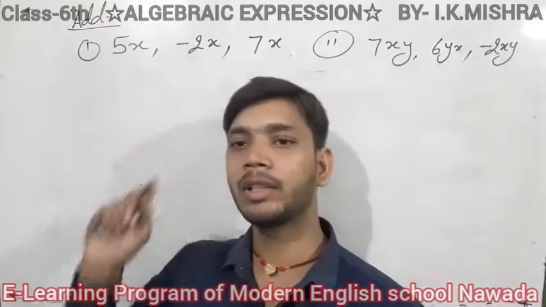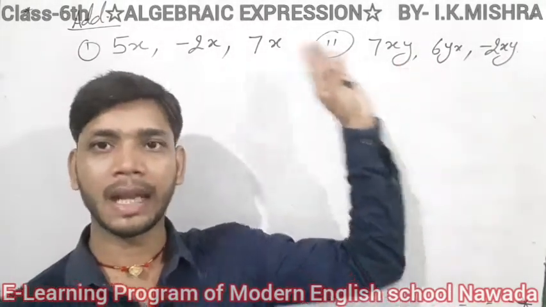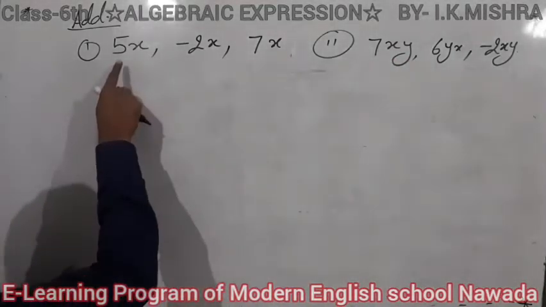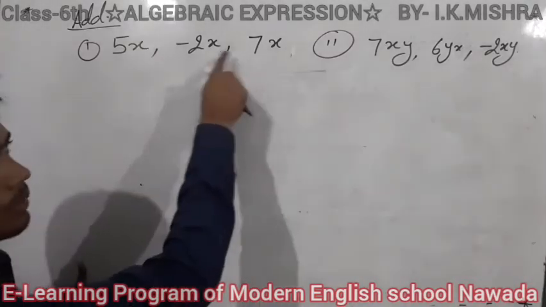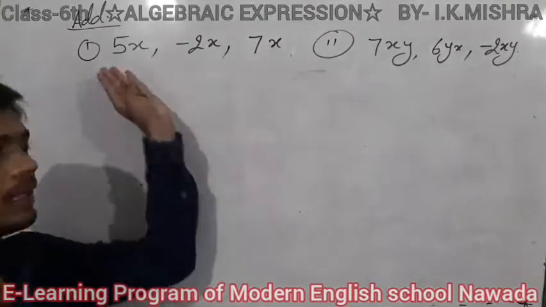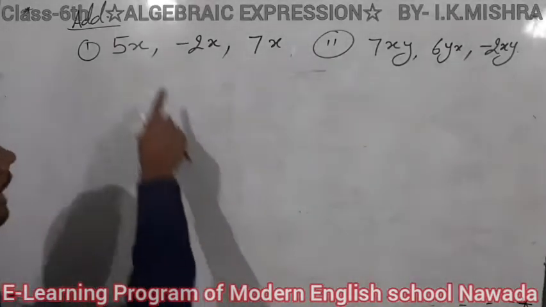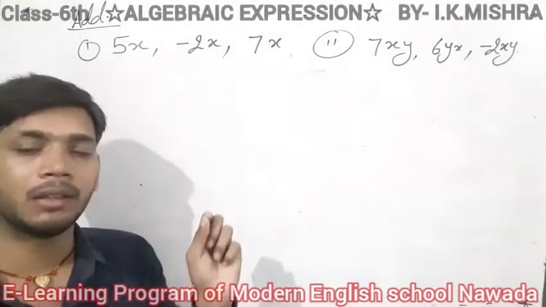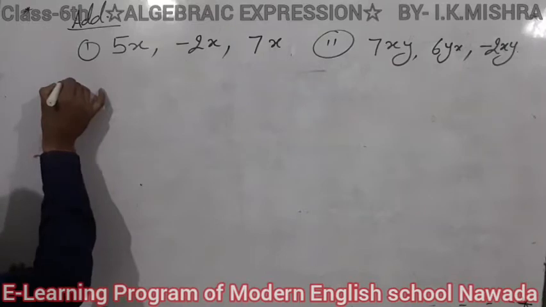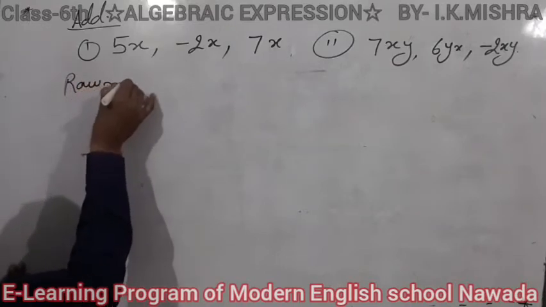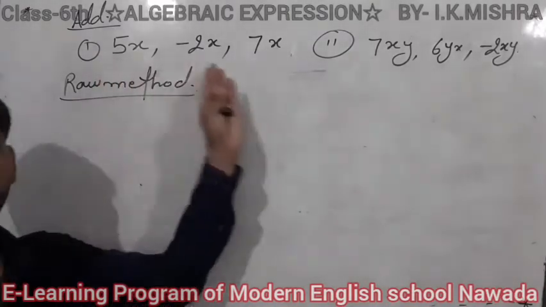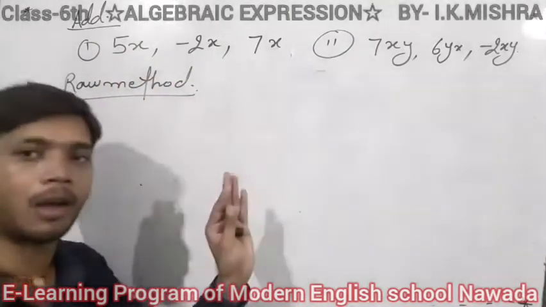Students, here I write two questions. Add all of these. Observe here the first expression, second expression and third expression, and all of these are monomials. That means all of these have one term. So add, and we add by the first method, the row method. That means in the row method we arrange all of these expressions in a row.